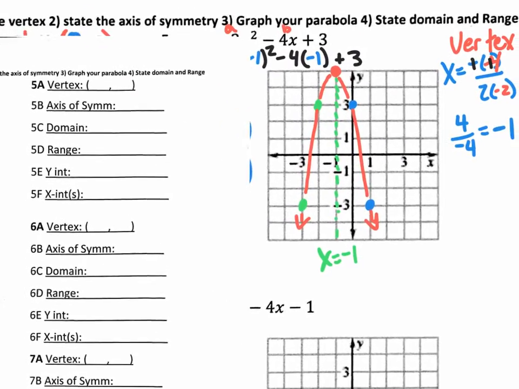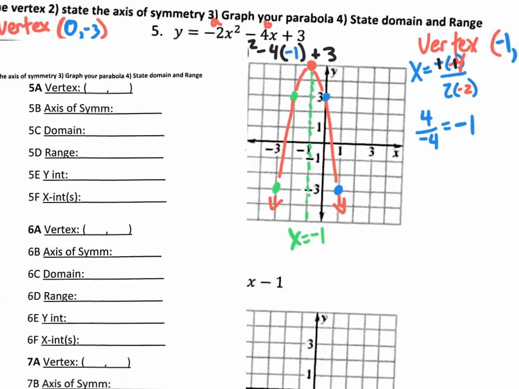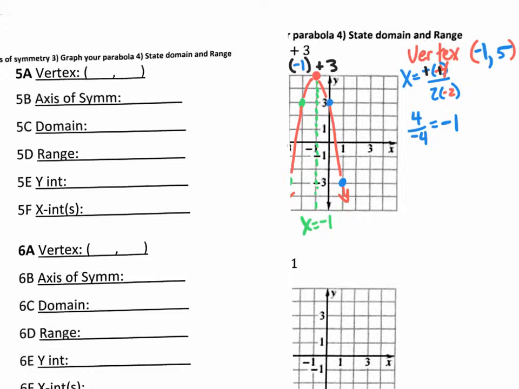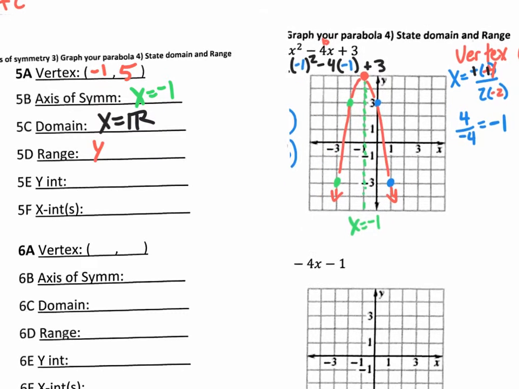So what do we know here? The vertex is negative 1, 5. The axis of symmetry we said was x equals negative 1. The domain we know is x equals all real numbers. It's always the same answer there. The range is y has to be either greater than a certain value or less than a certain value.